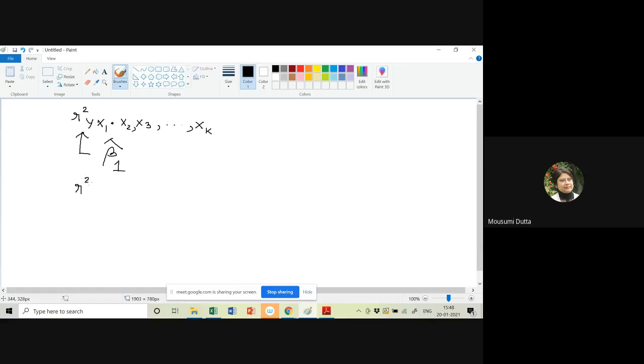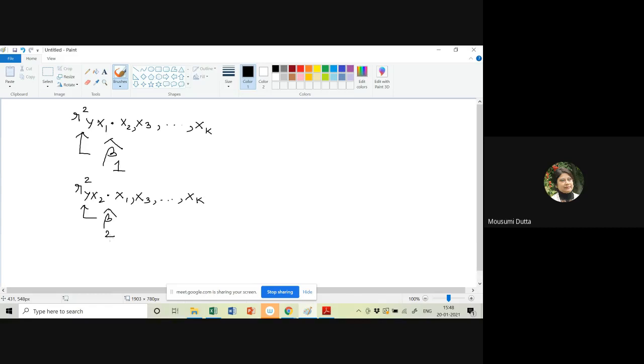If I consider R square y x2 dot and so on, this will be associated with beta 2 hat, and so on. So each of the partial correlation coefficients is associated with a particular regression coefficient, the regression coefficient associated with one explanatory variable.